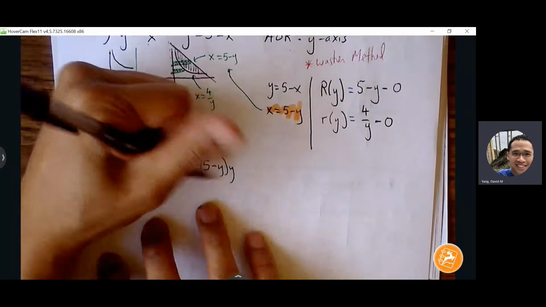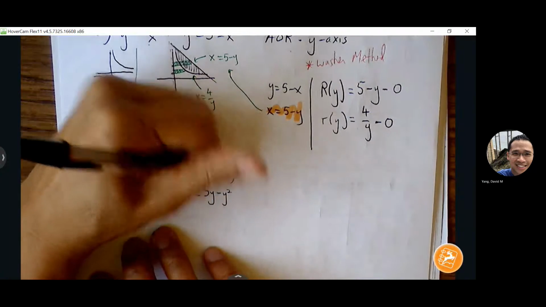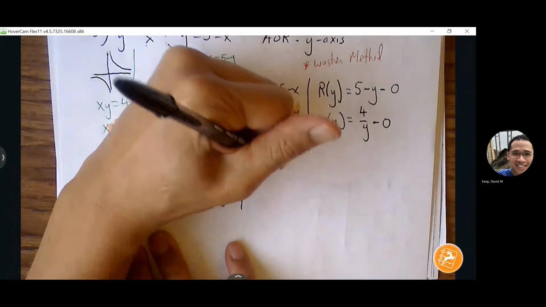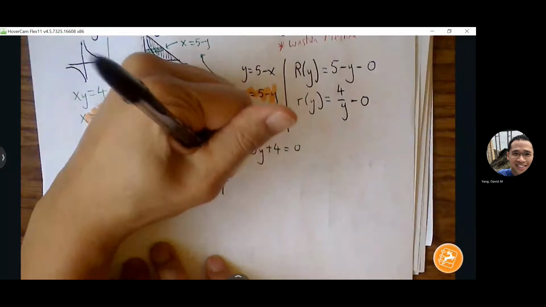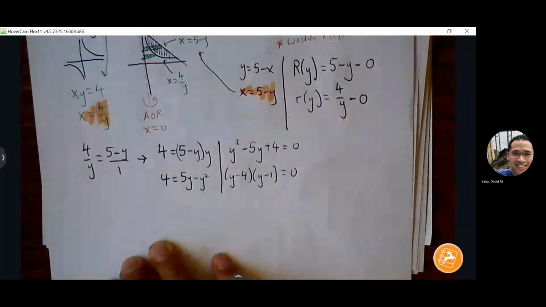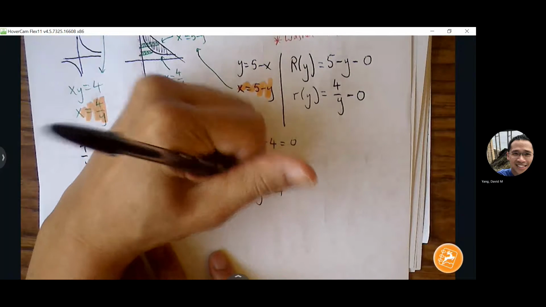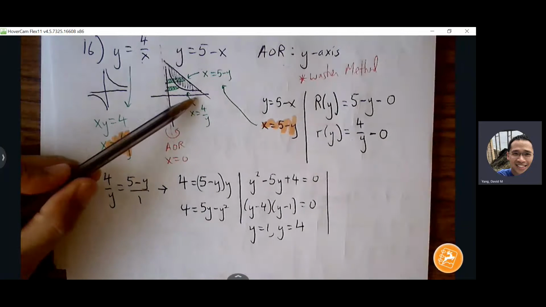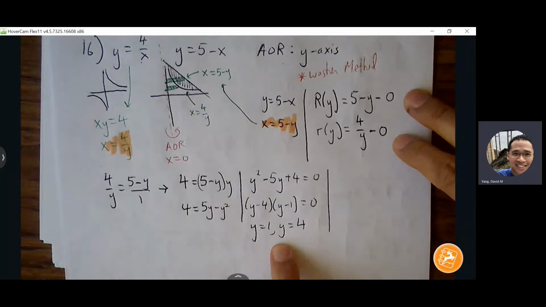Distribute the y through. Okay, bring everything over to one side. Factor. And solve for y. Okay, so I have my boundaries. Lowest y value is 1, highest y value is 4, and now I'm ready for washer method.